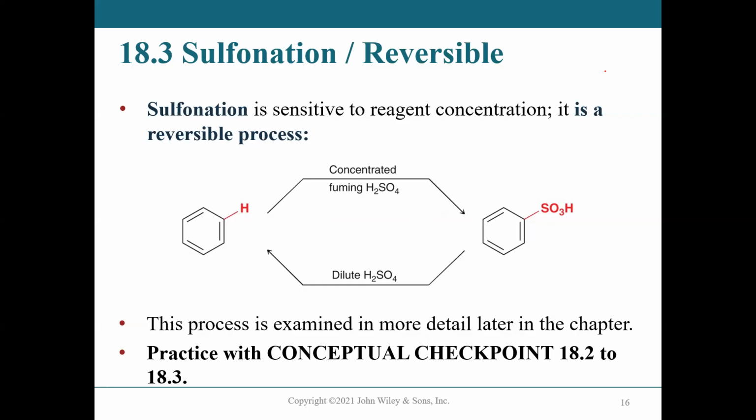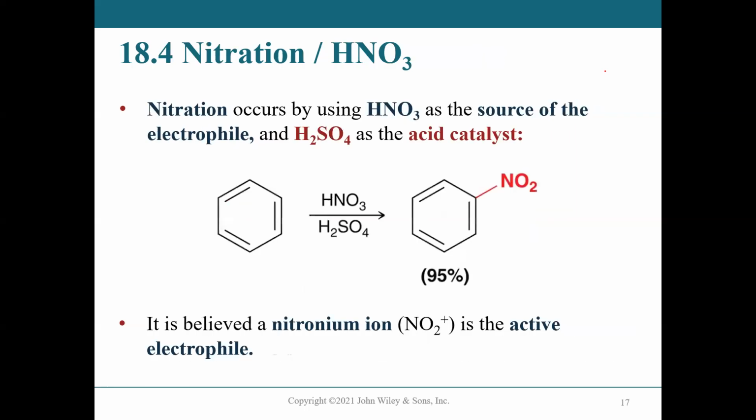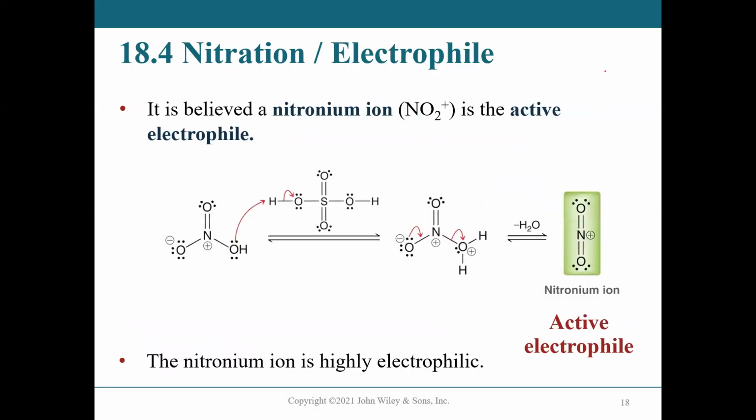So the next concept is nitration, and this occurs by using HNO3, which is a strong acid, as a source of electrophile, and H2SO4 is the acid catalyst. It says it is believed a nitronium ion is the active electrophile. So what do we mean by nitronium ion?